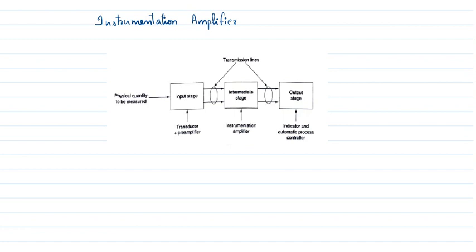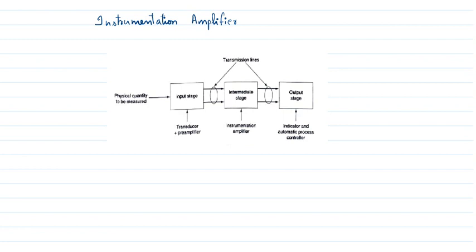First of all, we give some input, that is, the physical quantity to be measured, to the input stage, where the transducer will convert that input physical quantity to another energy format.